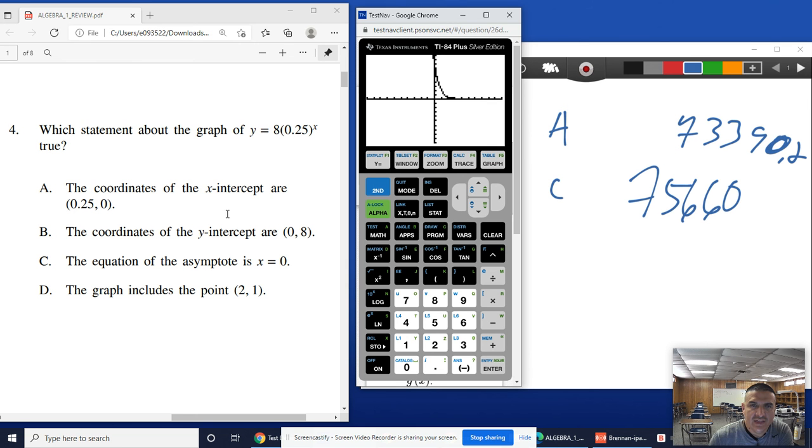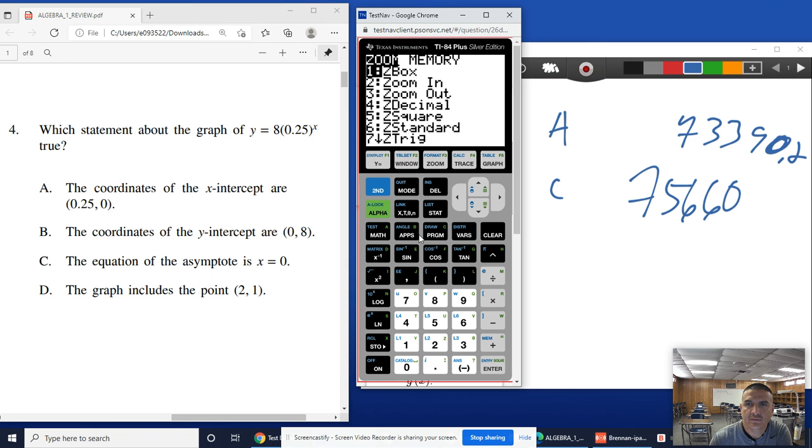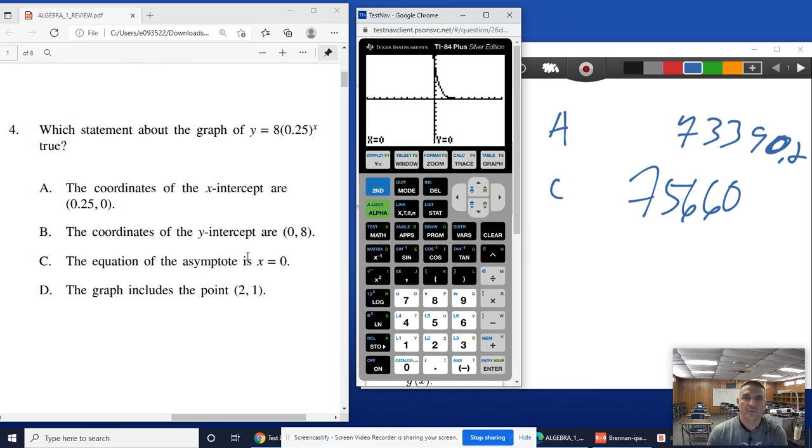Okay, the coordinates of the x-intercept are 0.25 and 0. Okay, is that true? Is it at 0.25? We could zoom in. All right, but it doesn't look like it is past that.